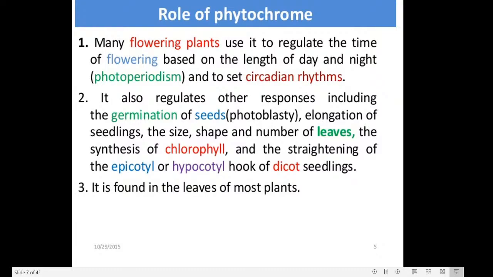Plants also have circadian rhythms. We all know that humans and plants, everything, have circadian rhythms. This time is for water uptake, this time for sunlight uptake, this time for the production of the plants. Everything is fixed for the plant, including its respiration.